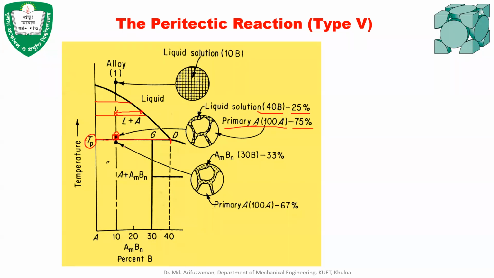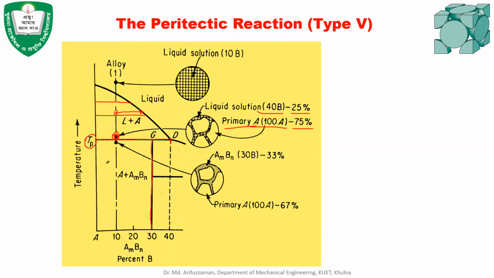So when the reaction takes place, some of the A from the 75% A will be used with the 25% liquid to form a different solid, which is indicated by this vertical line, AmBn.